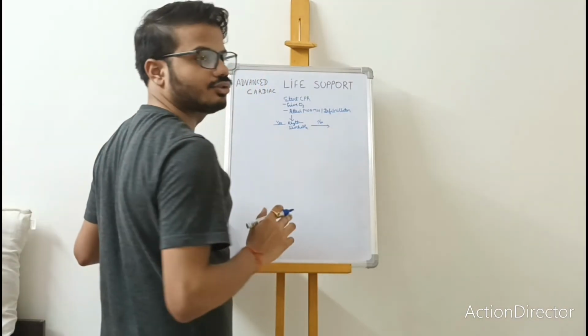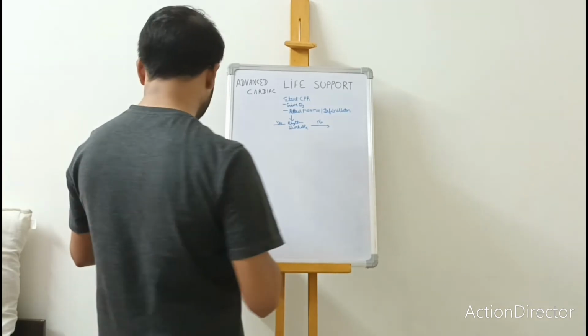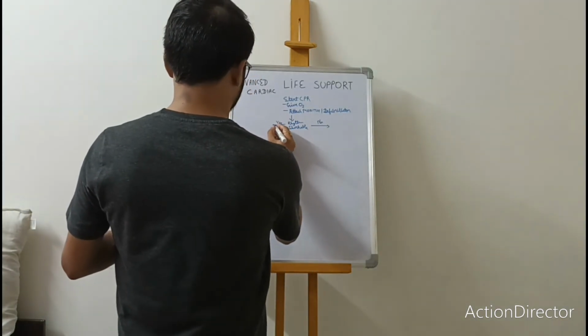If the rhythm is shockable, then it is either VF or VT, and we give a shock.